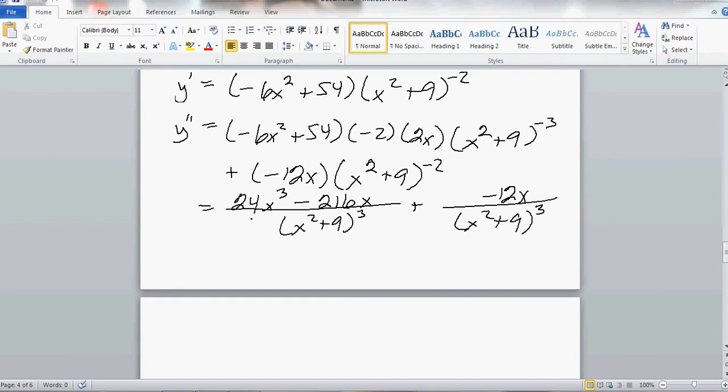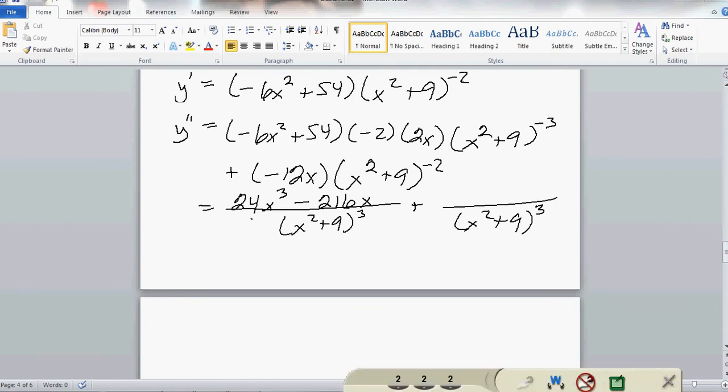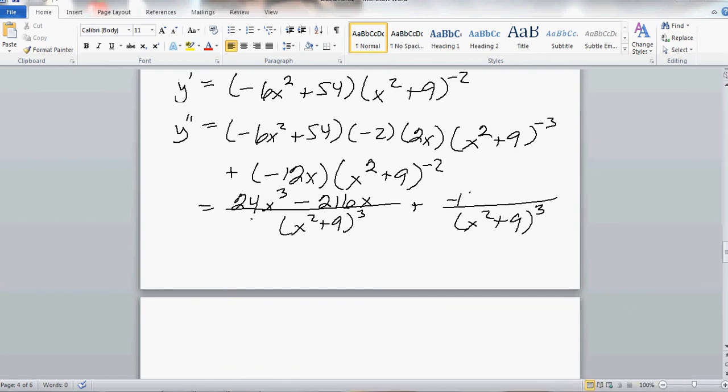But you know what, let's kill two birds with one stone here and realize that it's easy to see that the common denominator is this, so all I have to do is take the negative 12x and multiply by another factor of x squared plus 9.